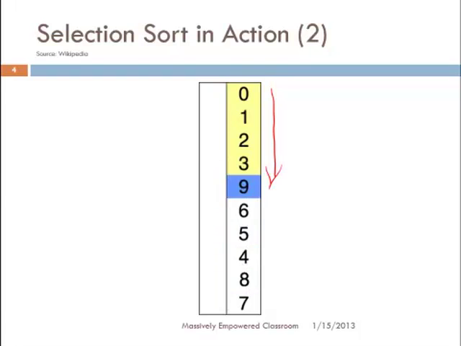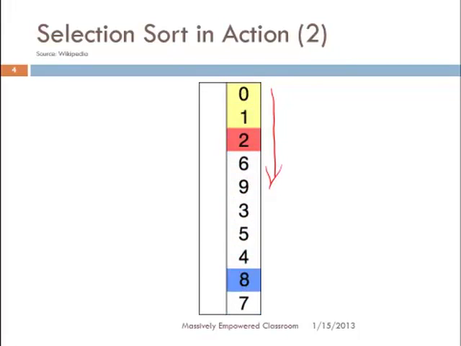So first it finds the smallest number, which is 0, and puts it in the first place at the top of the array. Then it found the next smallest number, which was 1, and put it in the second place, and so on. Now the double arrow that you see shows what we call swapping. Once it finds the minimum, to put it in its proper place, it exchanges that number with the correct location, and that exchanging two numbers is called swapping.